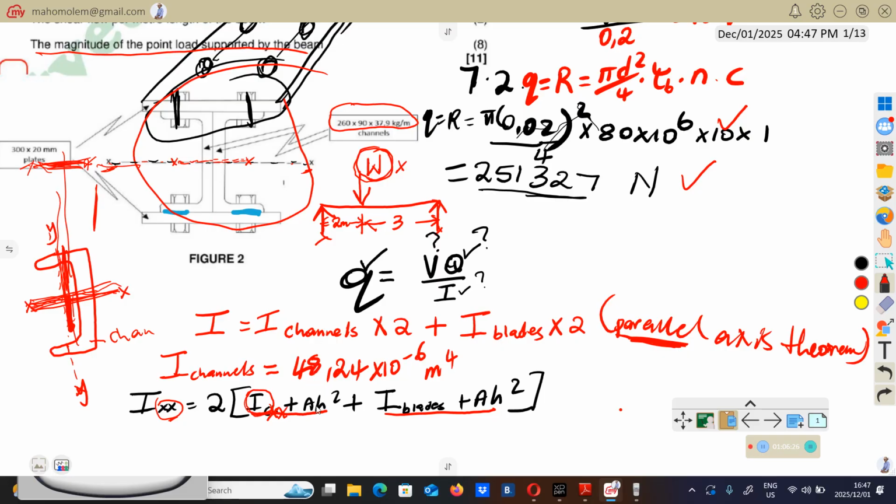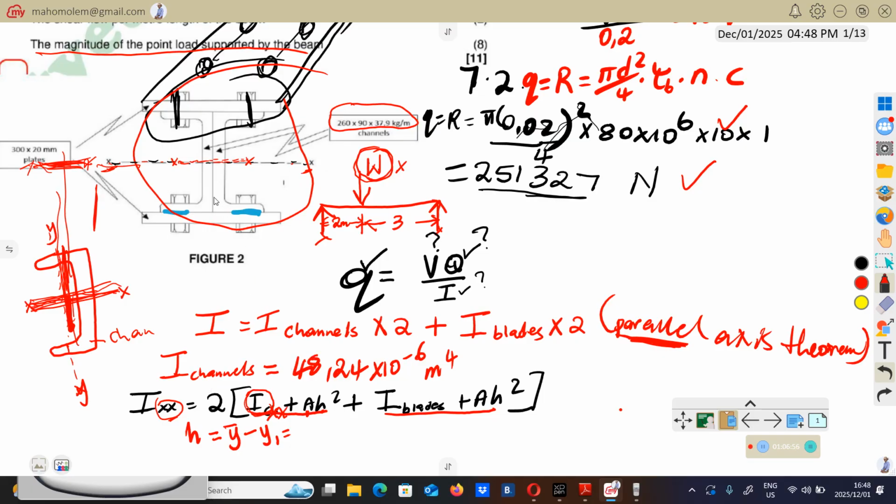Then the area of the channel, you'll get the area from the steel table. But this time we won't really need the area since this H is going to be 0. Remember, H, I will normally say it's Y bar minus Y1.